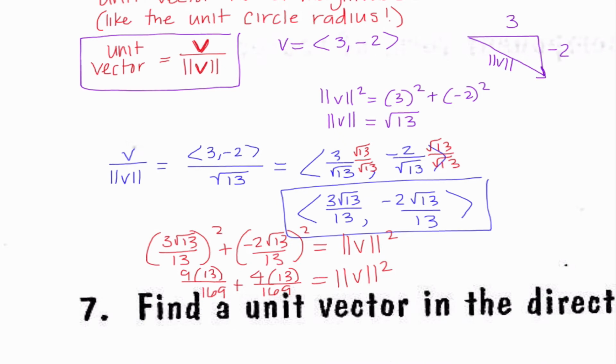When I add these numerators together, I get 169. We know our common denominator is 169. So I get 1 is the magnitude squared, so 1 is the magnitude. Now we definitely do not need to do this to prove what a unit vector is, but I just wanted to demonstrate that we could double check our work every single time by making sure that when I find the magnitude of the unit vector, our final answer there is 1.